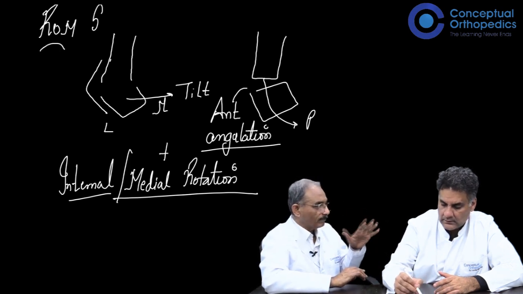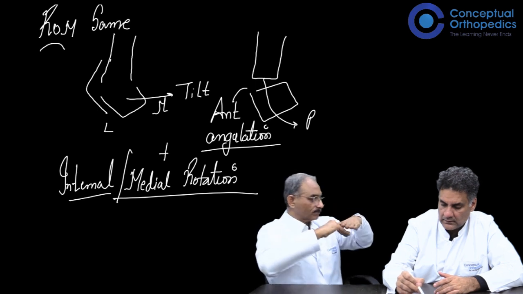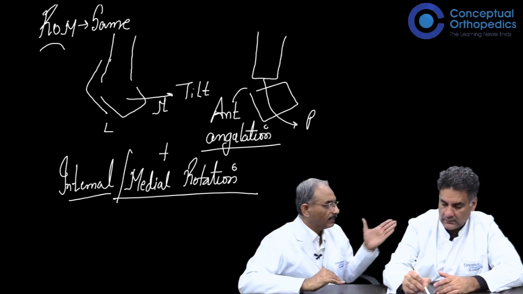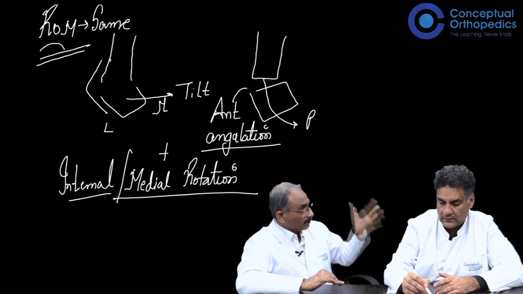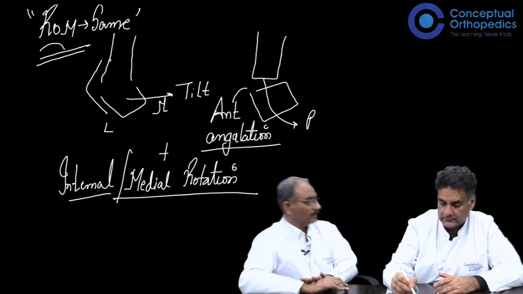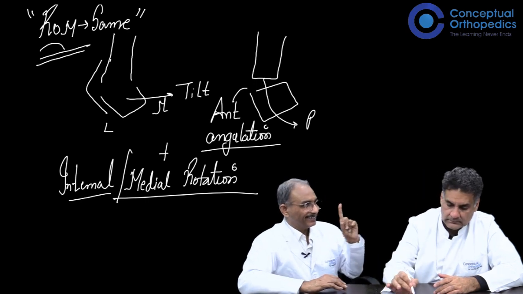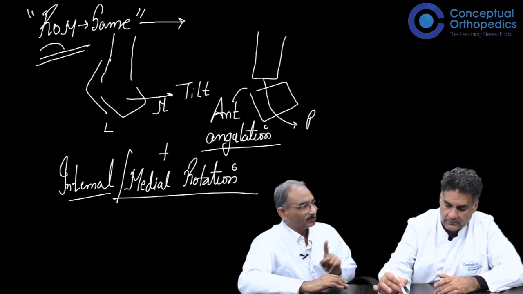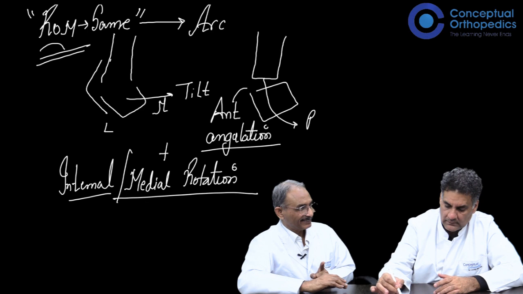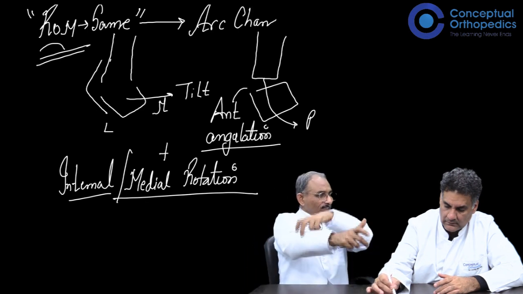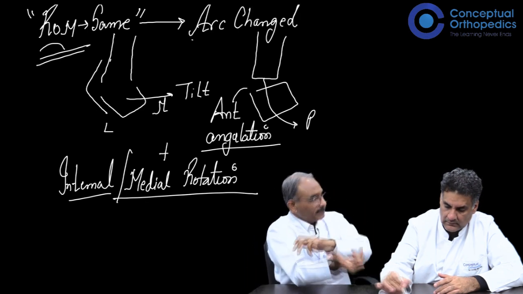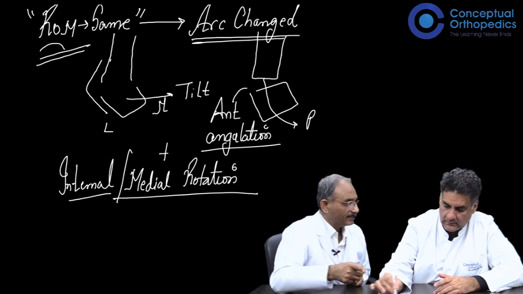And usually in a supracondylar fracture, because it is above the capsule, there is no stiffness. Early on there may be stiffness, later on, unless there is massage and myositis, you will not say there is stiffness. But the arc of movement is changed. Arc is changed, range is the same. Similarly, because of the tilt, the arc of supination pronation is changed, the range is the same.